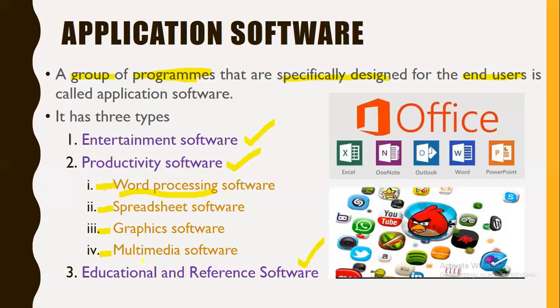We have also studied about Microsoft PowerPoint. So Microsoft PowerPoint is a multimedia presentation software. Graphic software are those softwares which are used to create or design some images and pictures. Using these softwares, we can also perform photo editing. We can improve the quality of the photos. We will learn about the types of application software in detail.